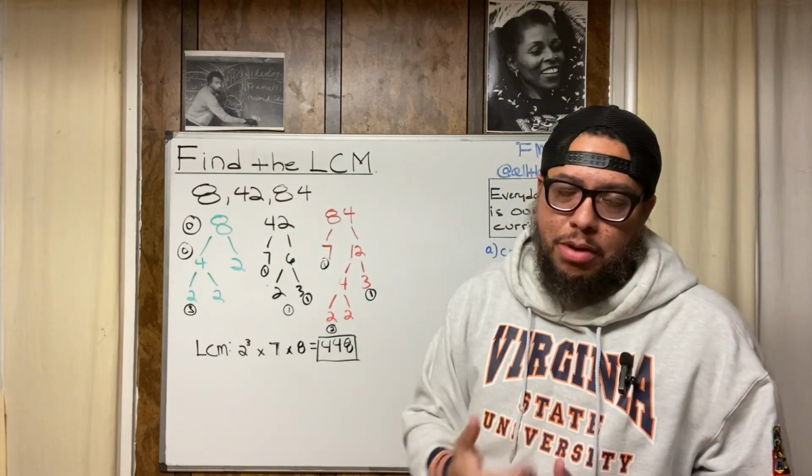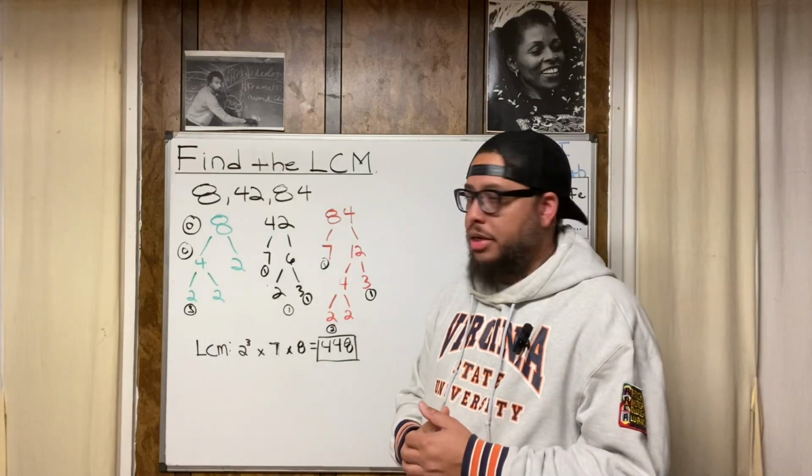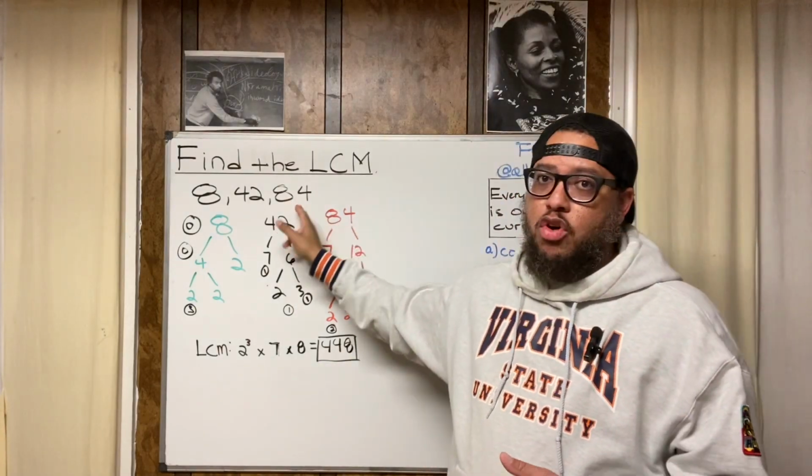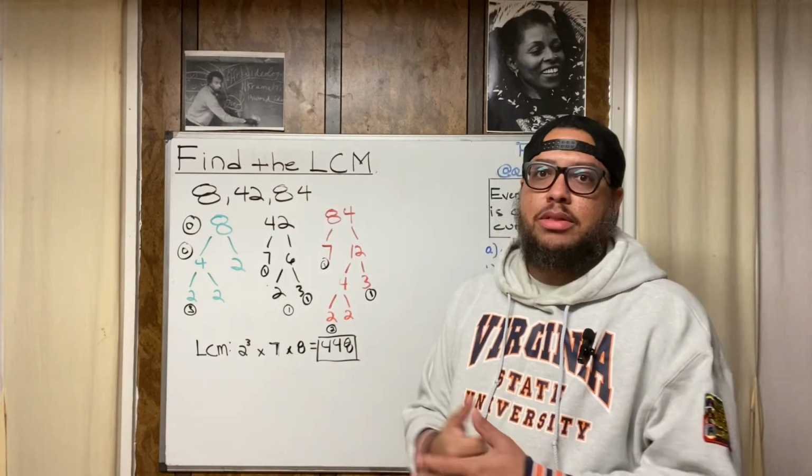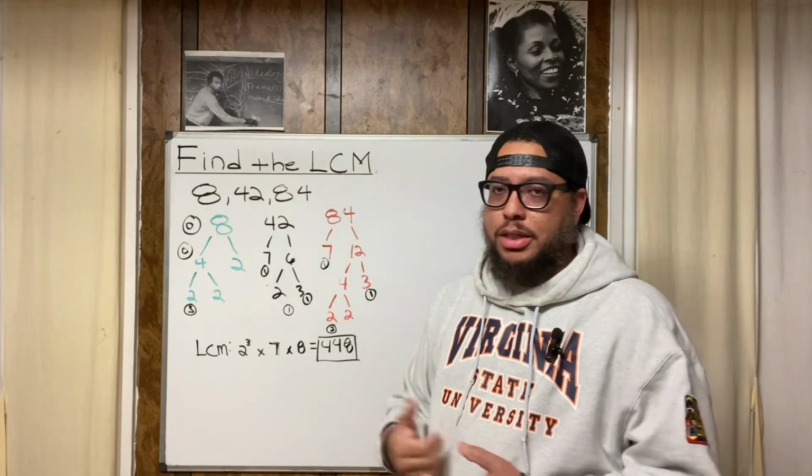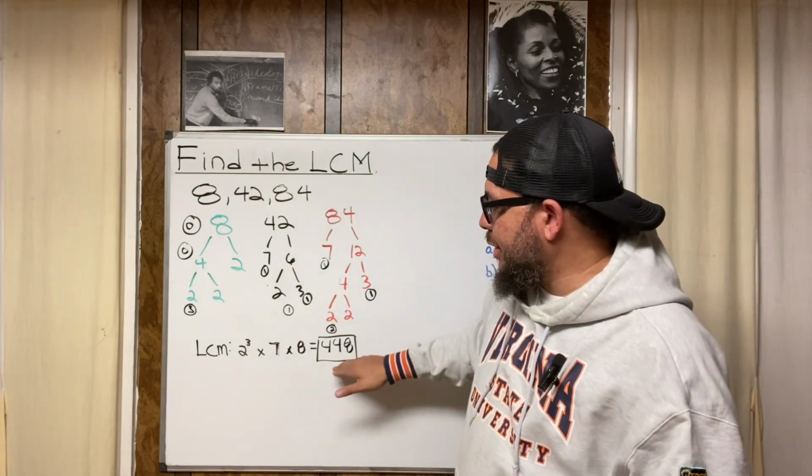There's no whole number you can multiply 42 by to get to 400. There's no whole number you can multiply 84 by to get to 400. It doesn't exist in the real number system. All right. 448 is that meetup spot.